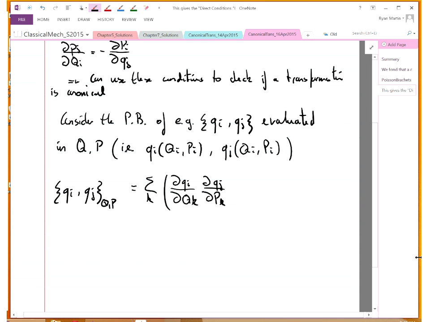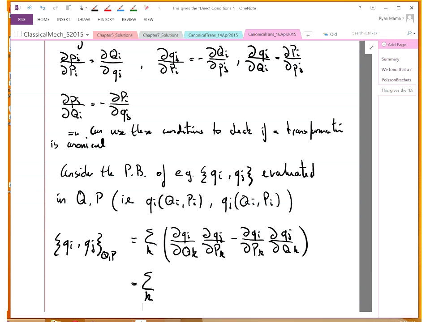So the Poisson bracket is the partial of the first function, lowercase qi, by capital Qk, times the partial of lowercase qj by capital Pk, minus the partial of qi by capital Pk times the partial of qj by capital Qk.